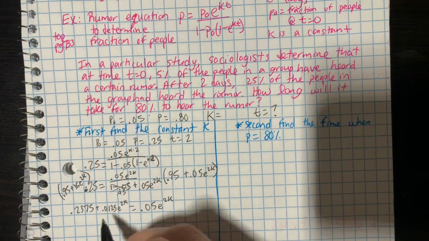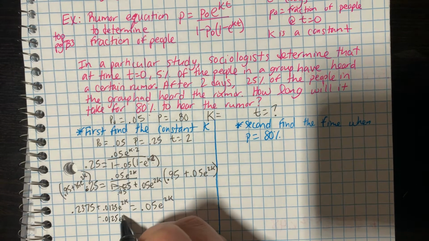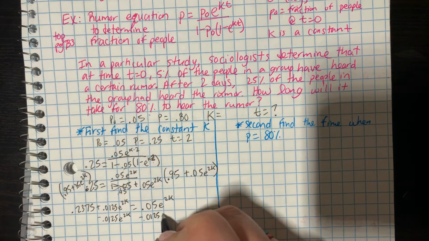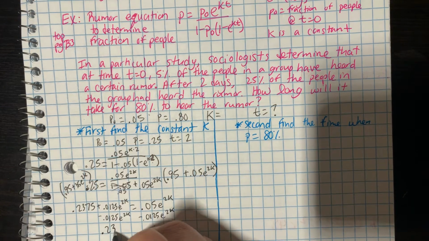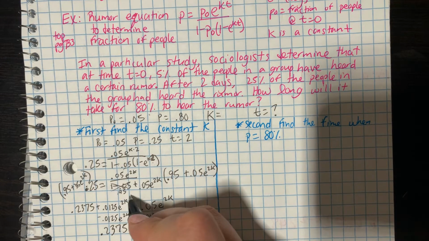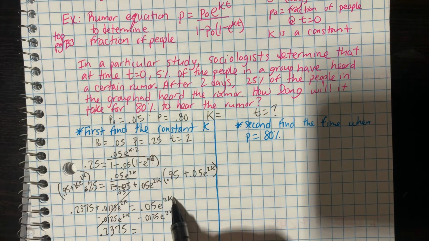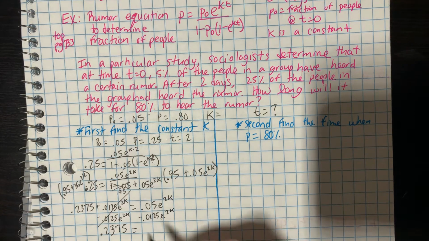Sweet. Now I'm going to get e to the 2k on one side. So this is going to technically go away. Because these have the same e to the 2k, we can just subtract them.